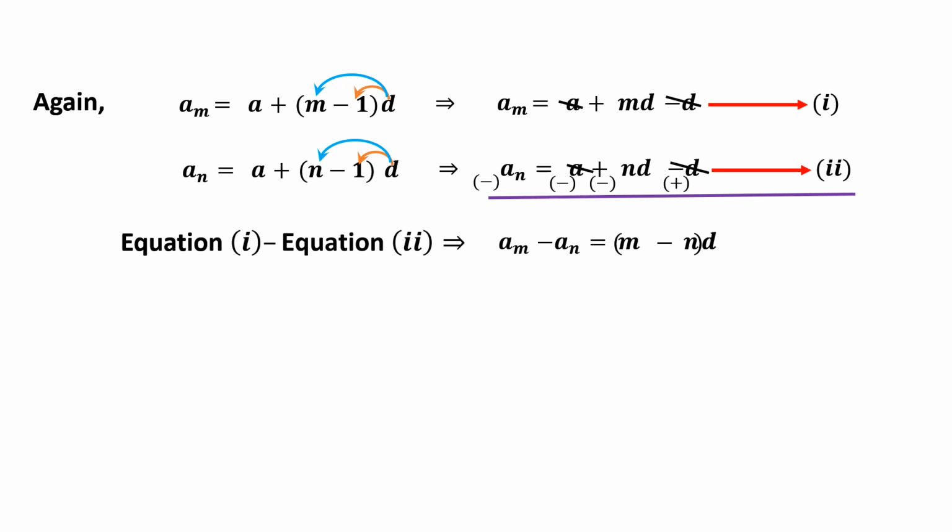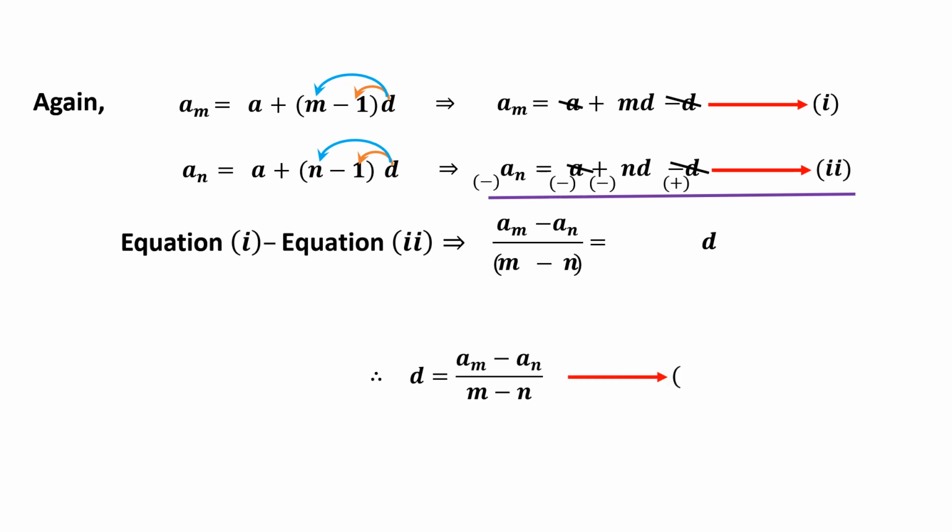We can factorize this as m minus n into d. Transpose m minus n to the left hand side. This becomes am minus an whole divided by m minus n. Therefore, we have a new formula for d. d equals am minus an divided by m minus n. This is formula number 5.